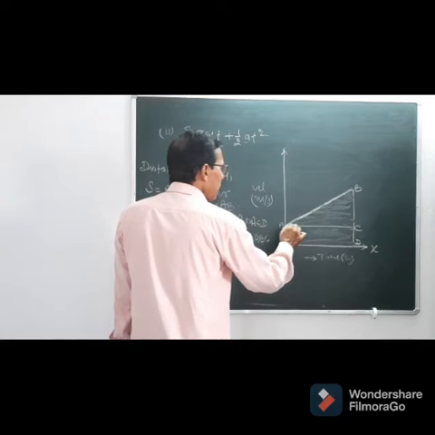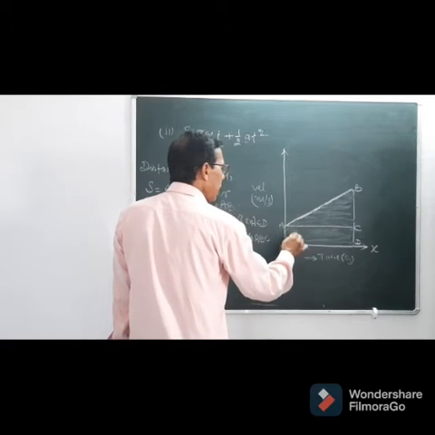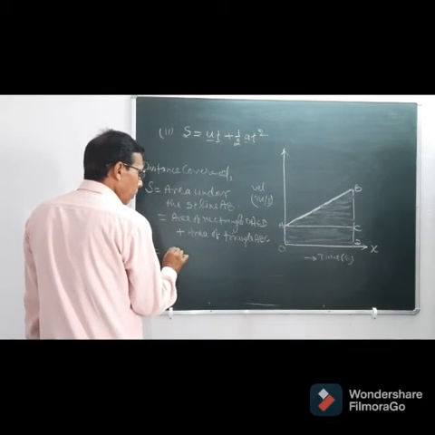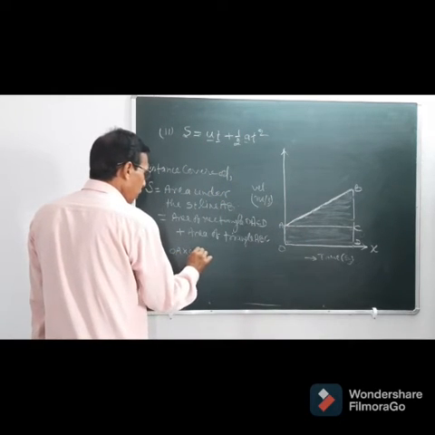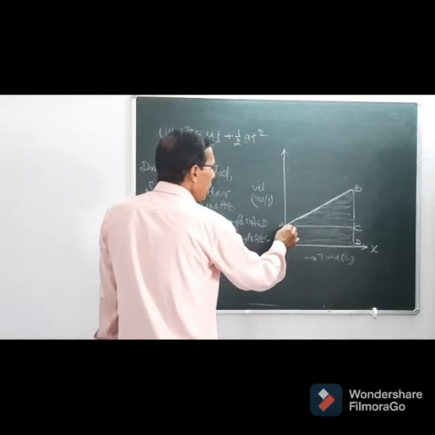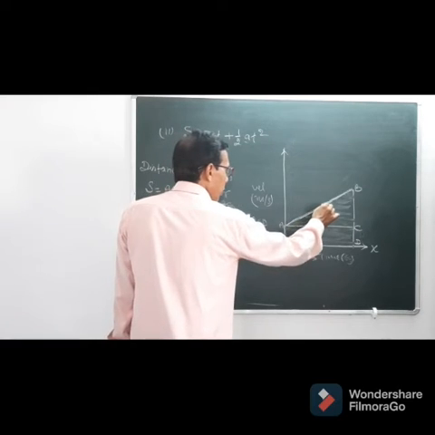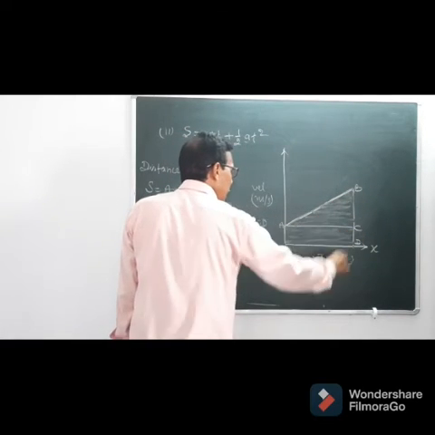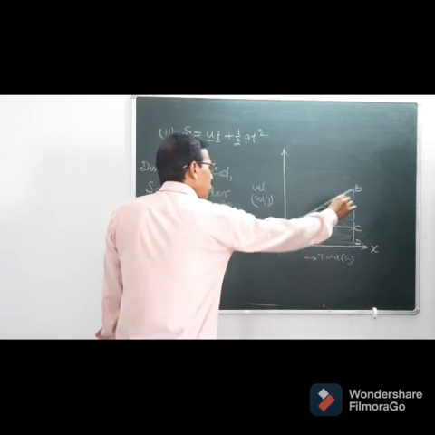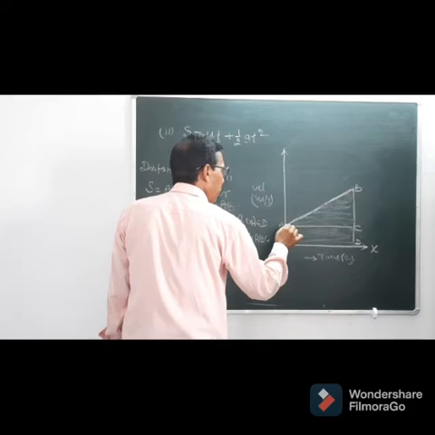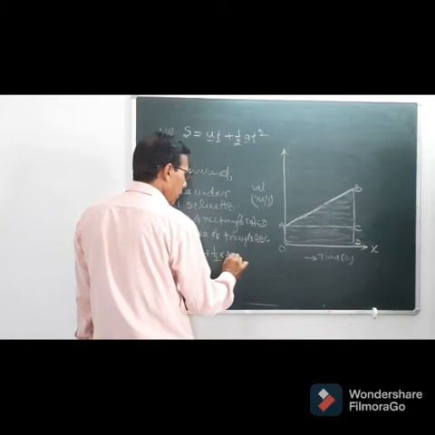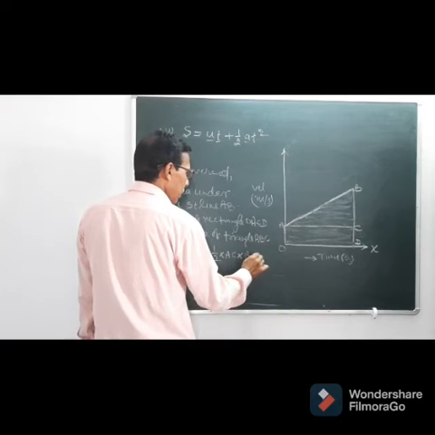We know the area of a rectangle is length into breadth, so the length is OD and the breadth is OA. So OA into OD, plus the area of the right angle triangle, which is half into base into height. The height of this triangle is BC and the base is AC. So half into base AC into height BC.